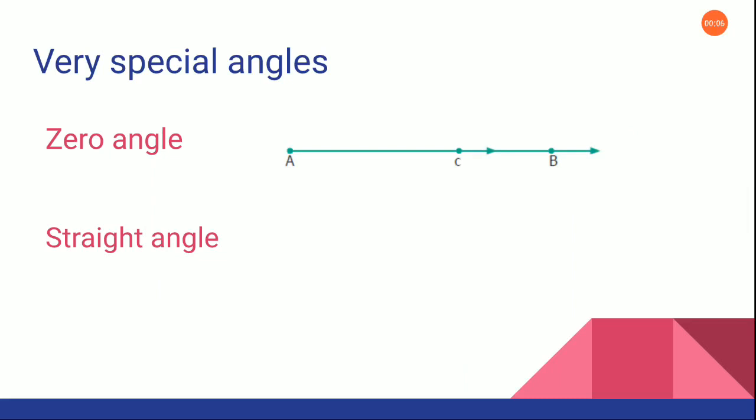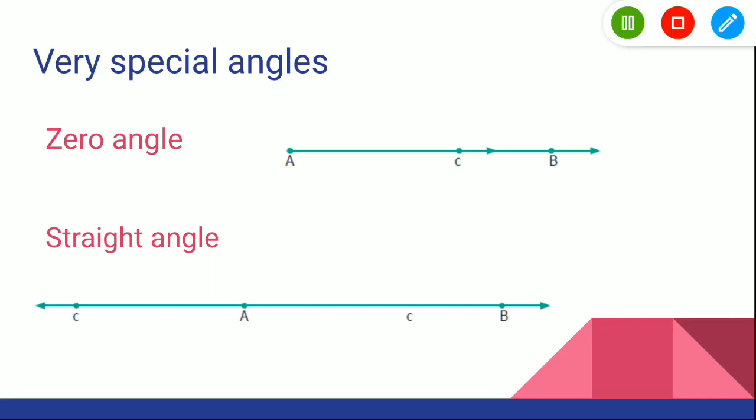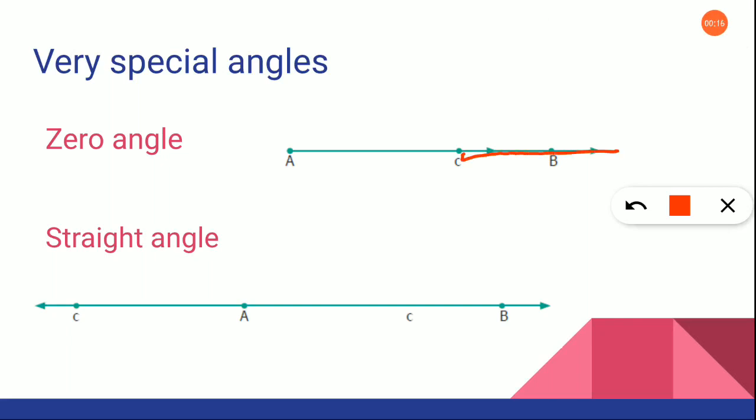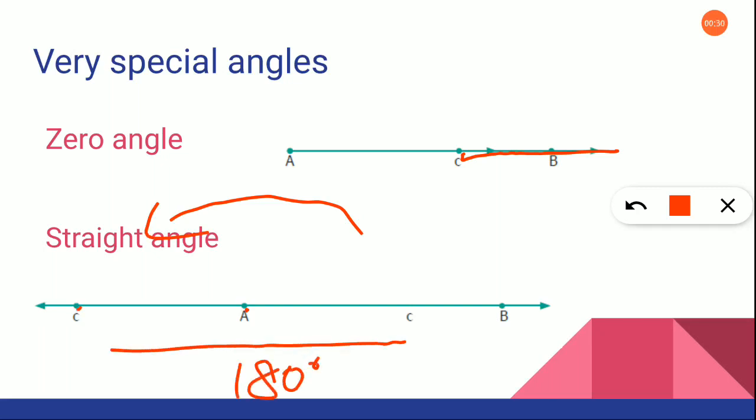There is no major difference between zero and straight angle, but the value is different, right? So when you are taking a protractor and marking zero angle, the line will be just this. And same way, if you are taking this as a center point and marking 180 degree, the angle will open wider and be here. So this entire line is called as 180 degrees.